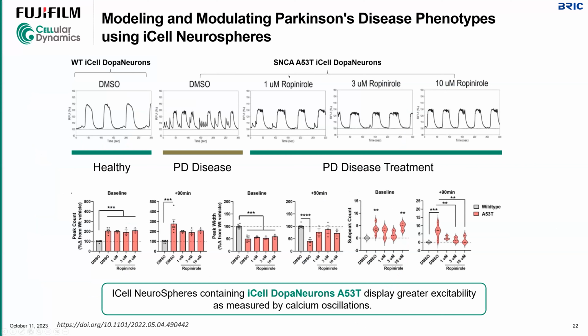This is a beautiful slide from this strong publication from NCATS I showed you earlier on. Hopefully you can see the cursor I'm using to hover over the slide. On the top left part of the slide, highlighted with a green line, you can see calcium oscillation patterns of isoneurospheres, which were developed by mixing healthy dopaneurons and astrocytes.